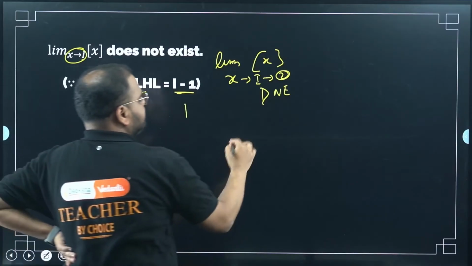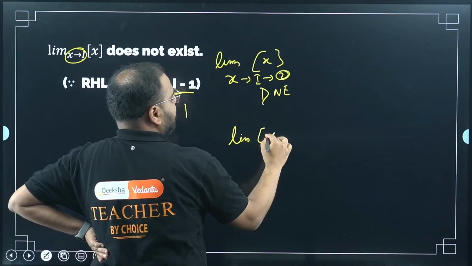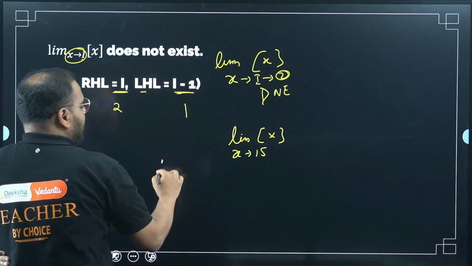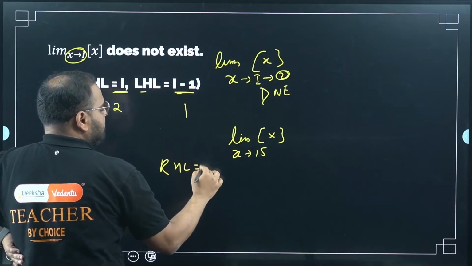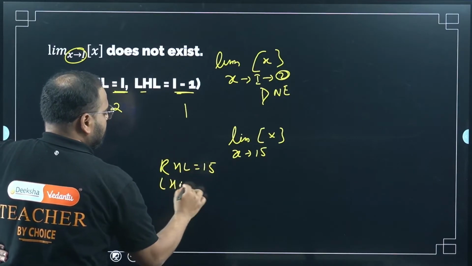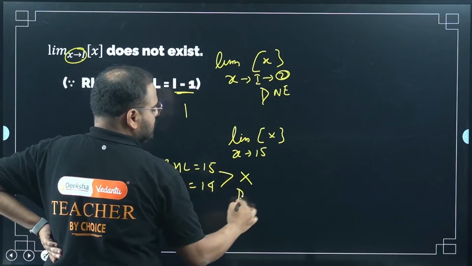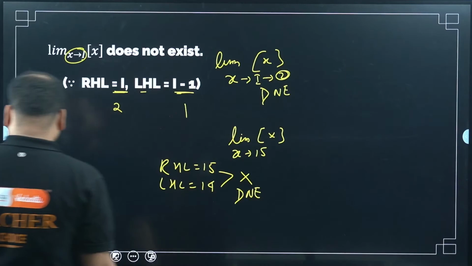If I take the same thing, limit at x equals 15, what will happen? My RHL will be 15 and my LHL will be 14. Again not equal, so again does not exist. Check here.